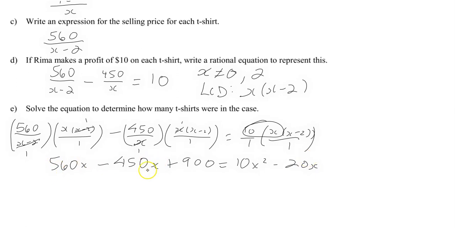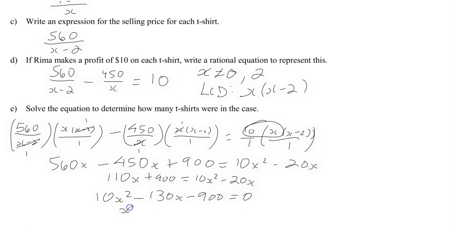Okay, here, let's do these two guys first. So that's going to be 110x plus 900 is 10x squared minus 20x. 10x squared, all right, this is going to come over. Minus 130x minus 900 is 0. Divide through by 10.